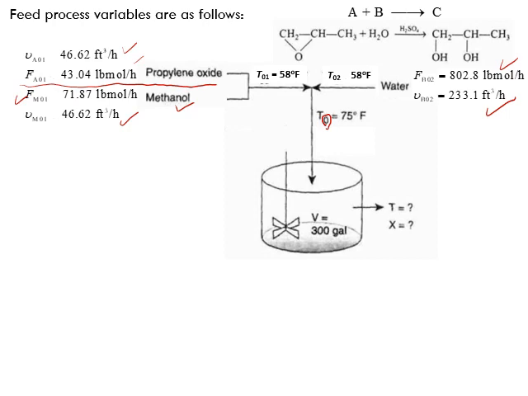Because propylene oxide is not completely soluble in water. Therefore, to prevent having two phases, where not all of the propylene oxide is soluble in water, we add methanol. Now the whole mixture becomes soluble and homogeneous.